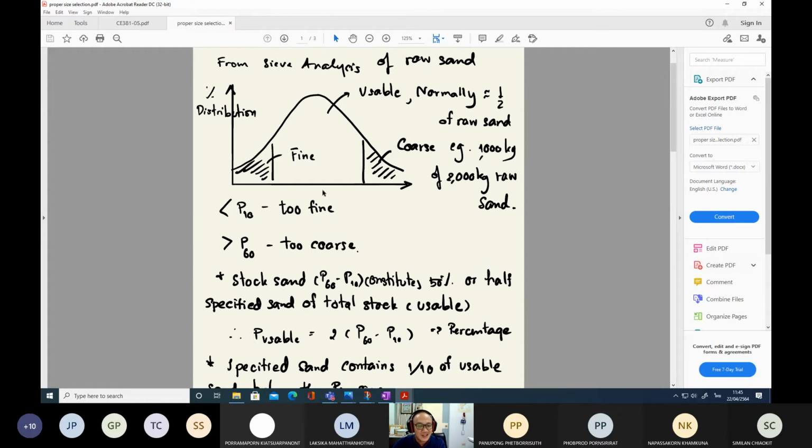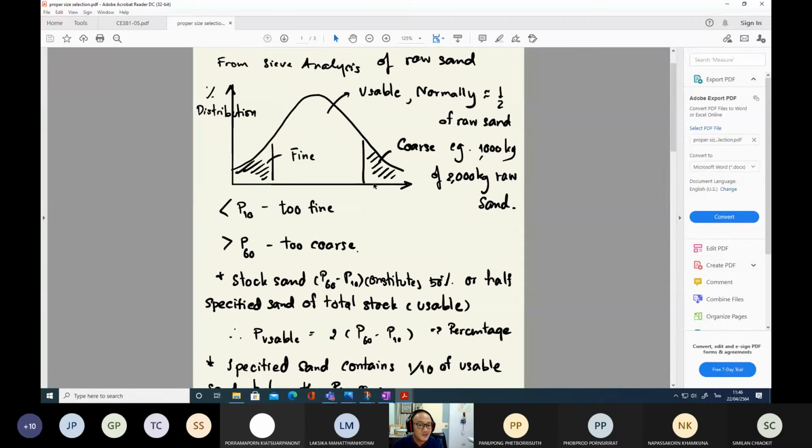So according to the nature of the sands, we can say that the P usable is about twice the difference between P60 and P10. This is expressed as a percentage. Less than P10 is too fine, greater than P60 is too coarse.